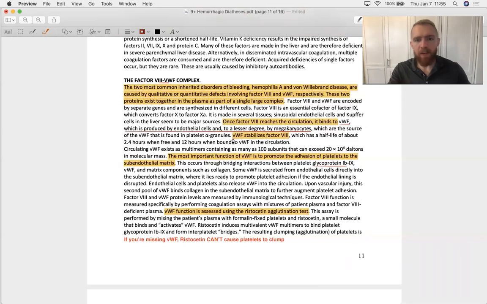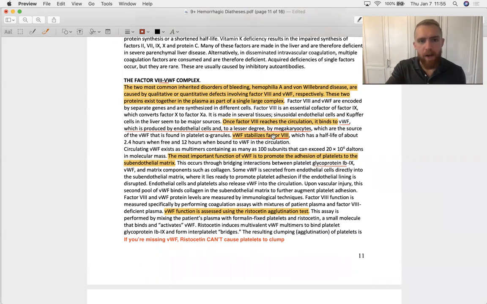Von Willebrand factor stabilizes factor VIII, which is part of what makes the intrinsic pathway go forward once it's about to reach factor X. The most important function of von Willebrand factor is to promote the adhesion of platelets to the subendothelial matrix.